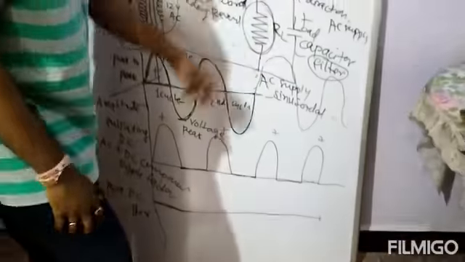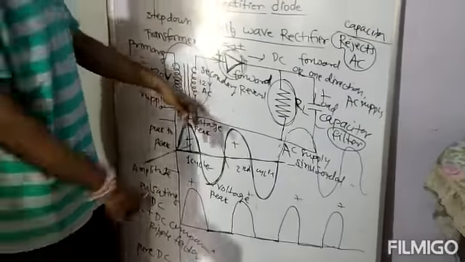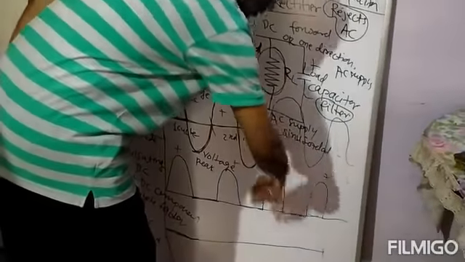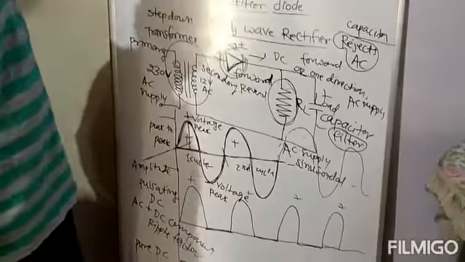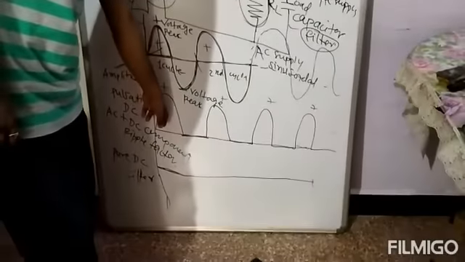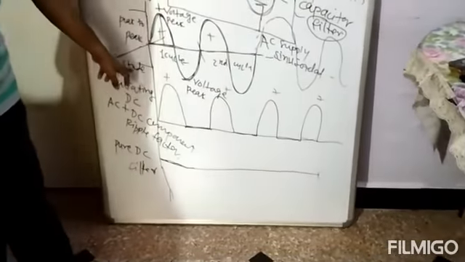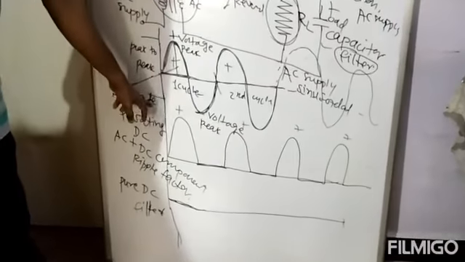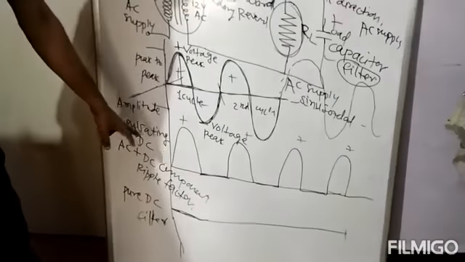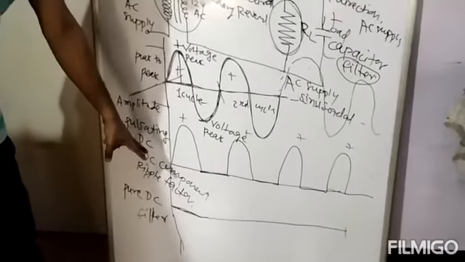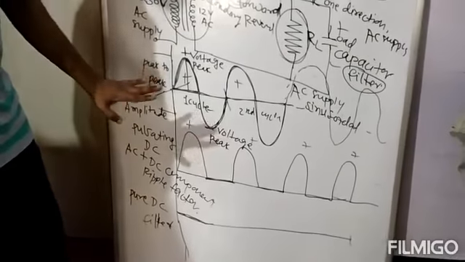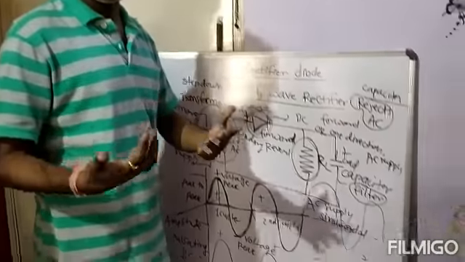So long as the supply is there, our waveform keeps repeating. But this is not a pure DC. It's a pulsating DC. What is pulsating DC? Whenever the supply has both AC and DC components, that is called pulsating DC. But my aim is to provide a pure DC supply.